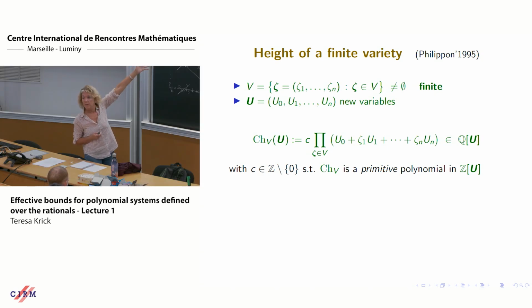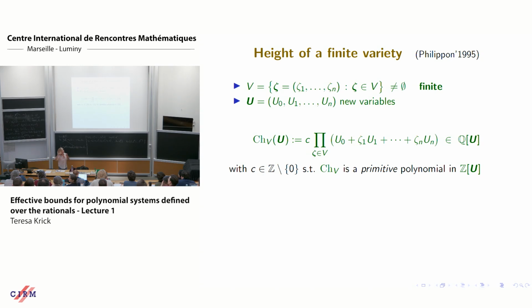Imagine you have a u0 to un which is a zero of that. So that means that one of these terms is 0. So one of these, the term u0 plus zeta1 u1 plus ... plus zeta_n un will be 0, which means that the hyperplane u0 plus u1 x1 plus ... plus un xn will pass through the point zeta.